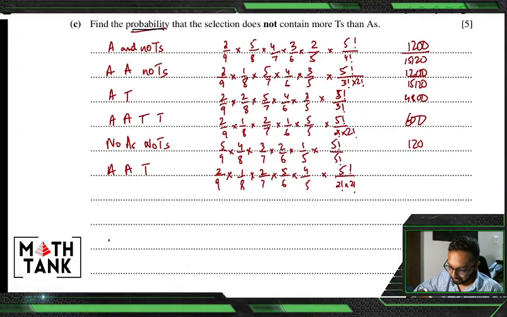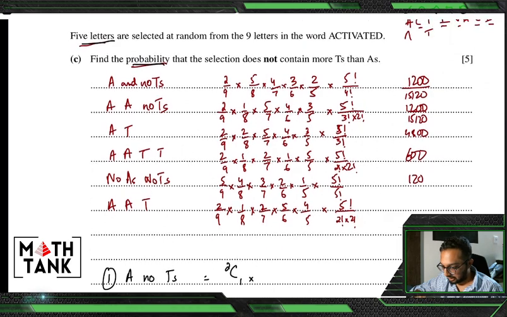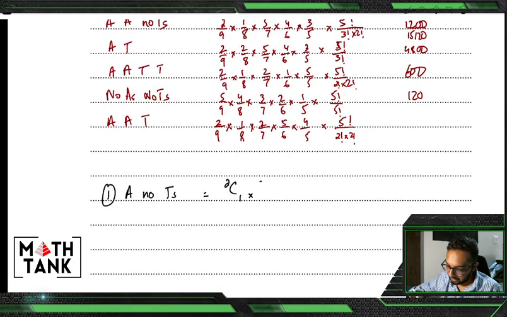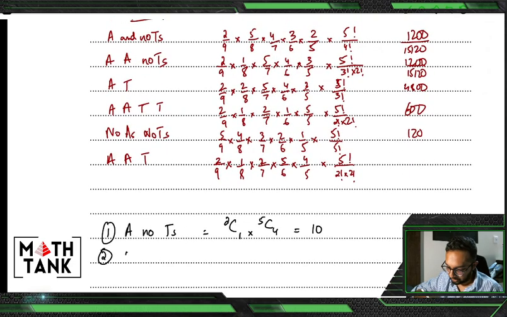So let's say I am taking case number 1 where I have A and no T's. I could say that there are 2C1 ways of selecting the A's, and I don't need any T's. So how many letters are there? 1, 2, 3, 4, and 5. So that gives me 5C4, which gives me 10. The second case is two A's and no T's.